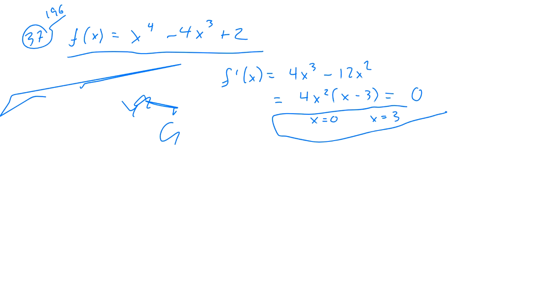So now to use the second derivative test, I need to take the second derivative and plug each of those critical numbers in. And something unfortunate is going to happen in this one. Taking the second derivative, I get 12x squared minus 24x. And then I need to substitute each critical number in.